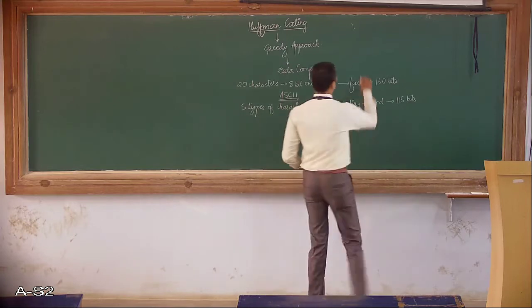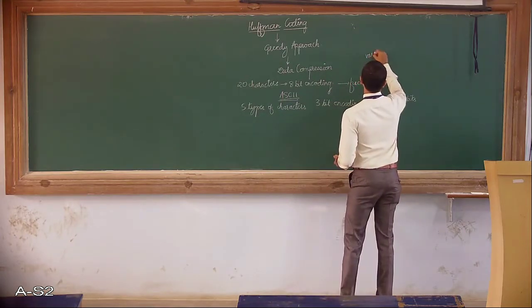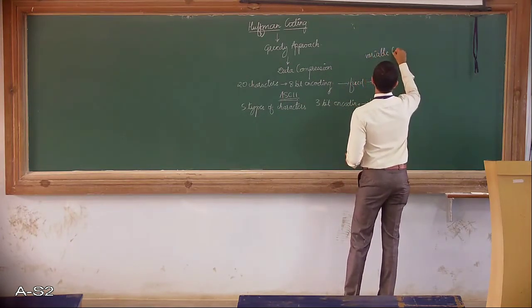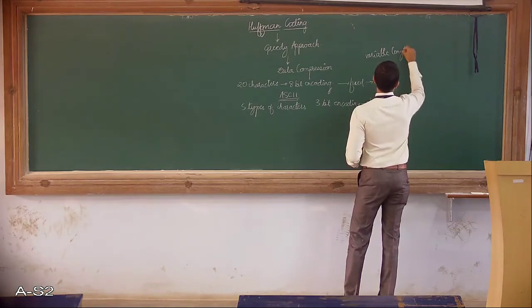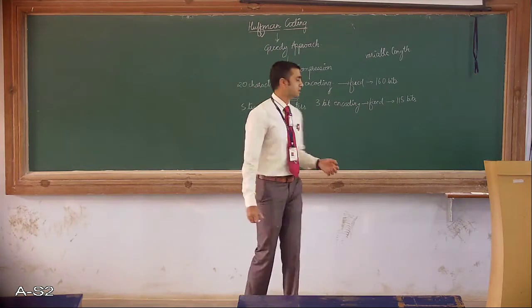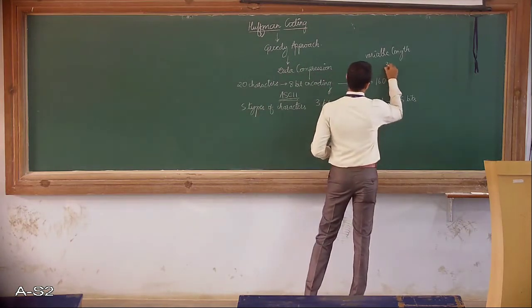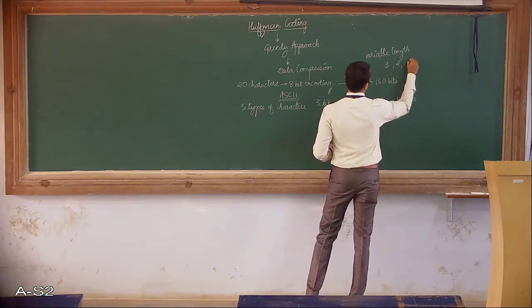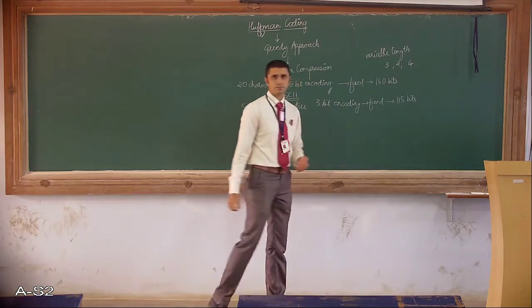Then we also saw variable length encoding, where each character required a variable number of bits. Some of them required 3 bits, some 2, some 4, and so on.